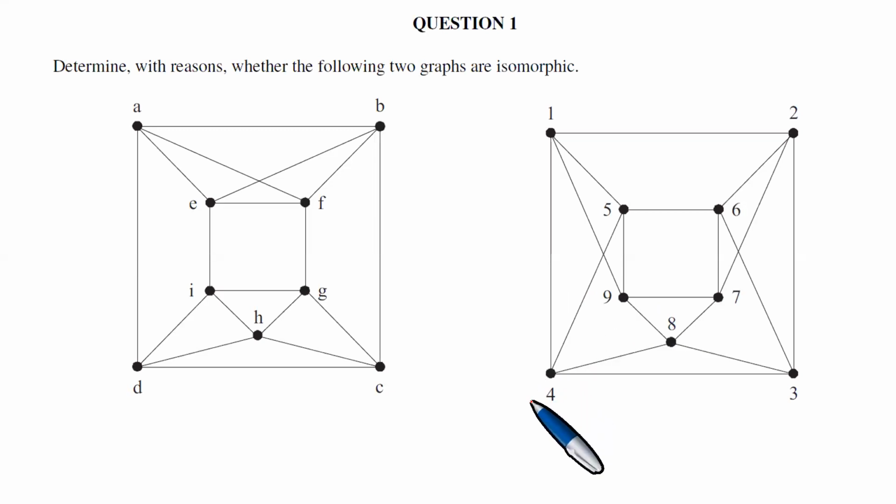And we can see the same on the other side. And now this graph here is drawn on four vertices, with all edges possible between the vertices.